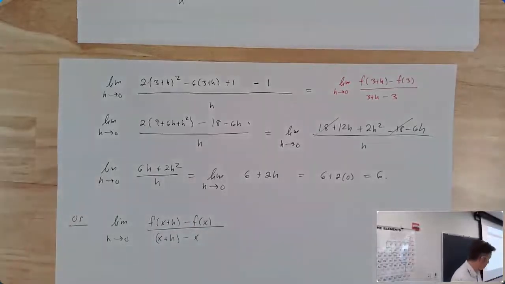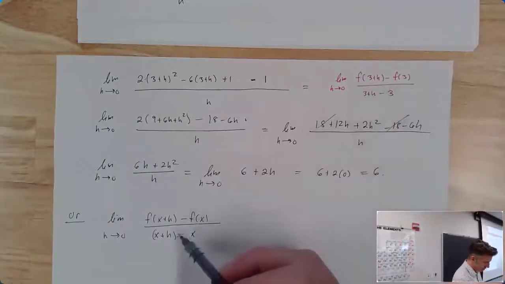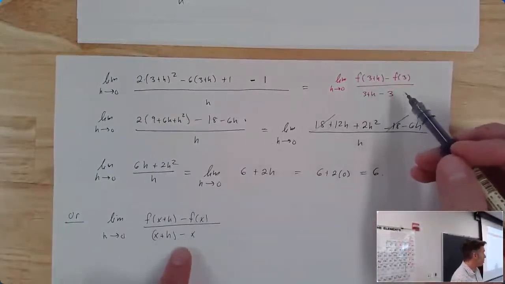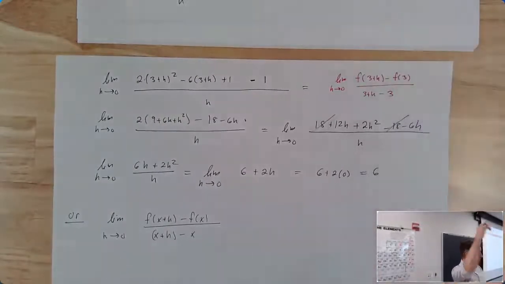By the way, in case I haven't said it already, this expression, those are both called the difference quotient. It's just the change in y over the change in x. It's the slope of a line between 2 points, but it's often called the difference quotient because literally it's a quotient, a fraction of differences. That's why it's called that.